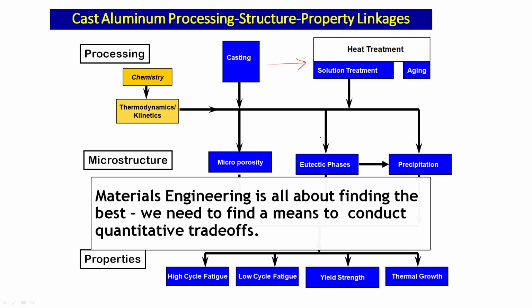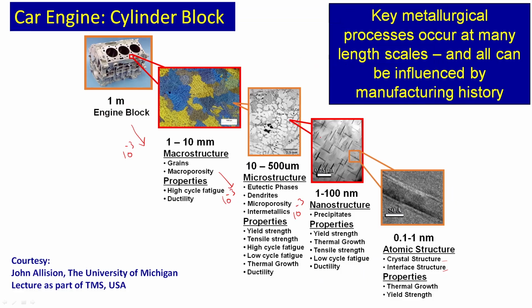Therefore we need a means to conduct these quantitative trade-offs between processing, structure and properties. That is the very aim of this, and that is why a new subject has started called ICME, which requires you to understand all length scales in an integrated way. We call it integrated computational materials engineering.